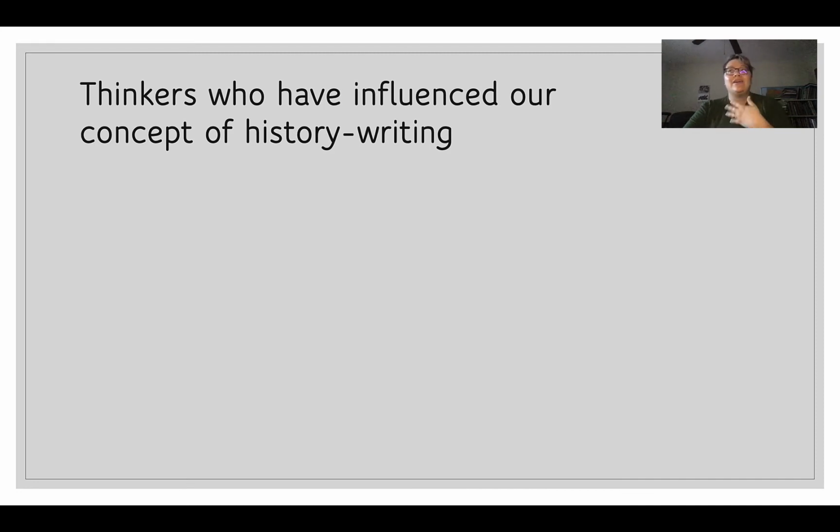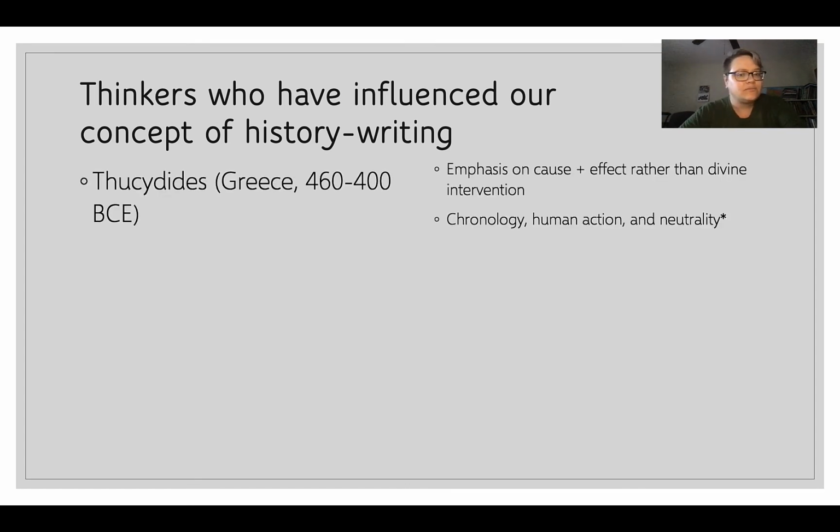So here are a handful of thinkers. This is by no means the exhaustive list, but a handful of thinkers who have influenced our concept of history writing going way, way back. As we, as a people, however you want to define that, have developed a sense of ourselves, we tell histories. And there are a couple of key thinkers along the way who really influenced how we think about telling those stories.